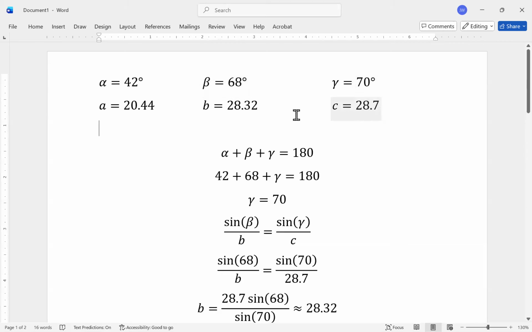Therefore, c is just a little bit above b. And since beta was bigger than alpha, we knew that the a value was also going to be smaller than the b value. So since alpha is smaller than beta, a was going to be smaller than b.